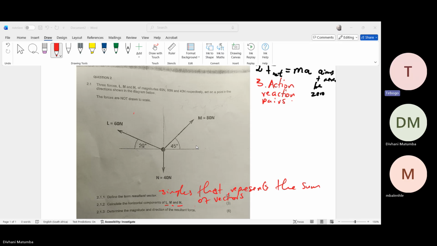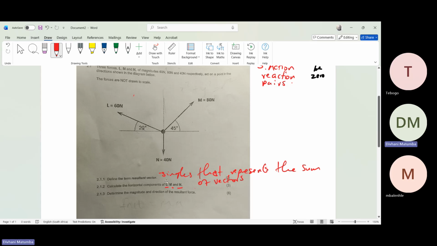I'm done, but I just can't do the horizontal. I can't calculate the horizontal component for N. I don't know how to do it. Okay, so which one did you calculate? For L and M. Yes.